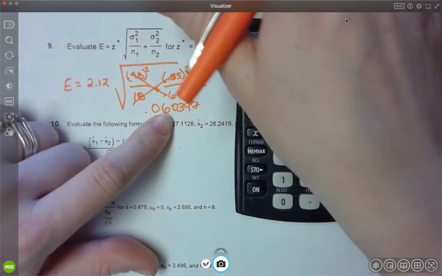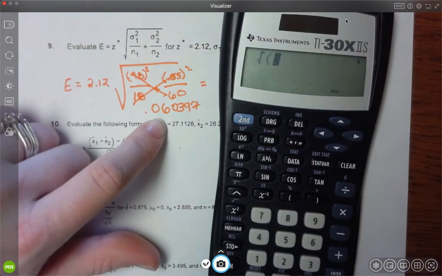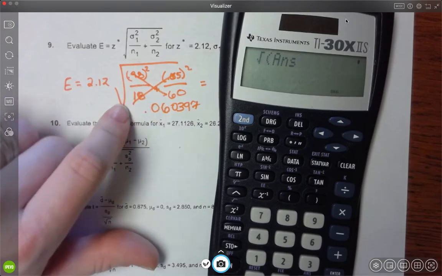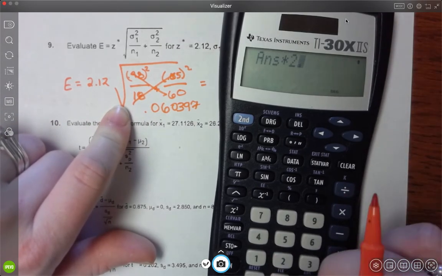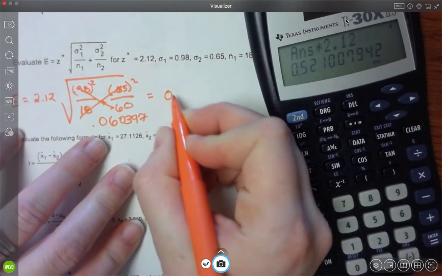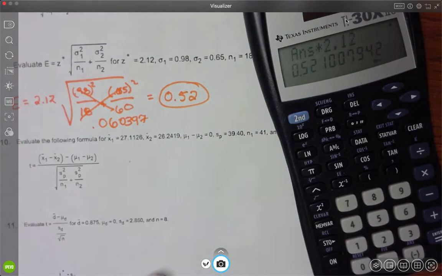All right, then what I can do is take the square root of that answer. So I'm kind of working from the inside out. Square root of the answer, and then multiply that by 2.12. Okay, and my error is going to be 0.52. We'll do 2 decimal places for that.